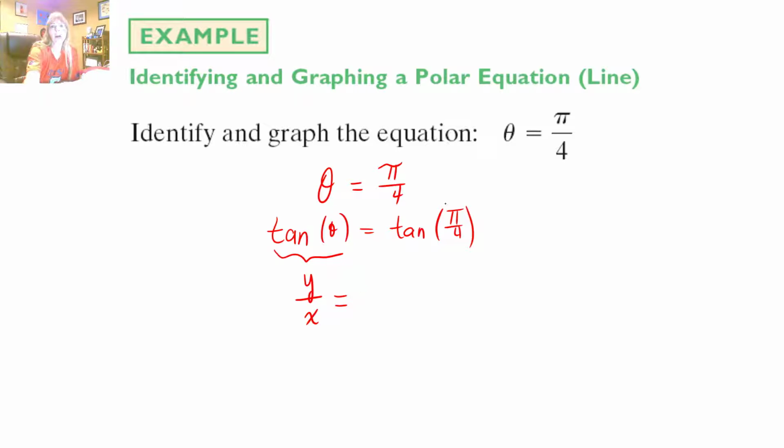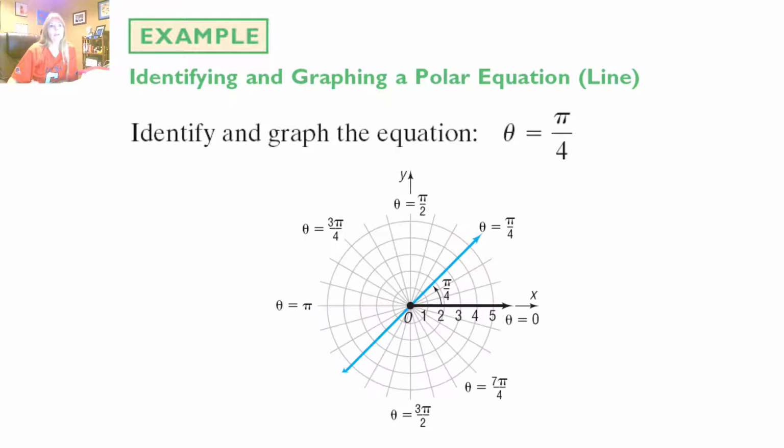And what's the tangent of pi over 4? Do you know? Where's your unit circle? That's an easy one, because that's square root of 2 over 2 divided by square root of 2 over 2, so that equals 1. If I solve this for y, I get y equals x, which is simply the line y equals x. And notice here that my angle, theta, equals pi over 4. That's why you're seeing this piece right here.